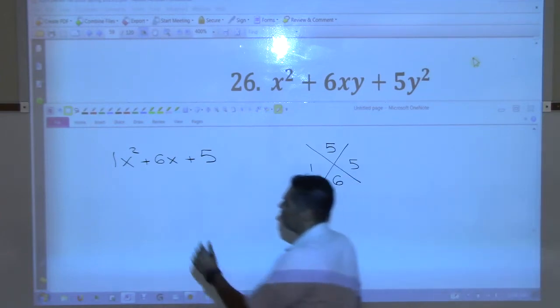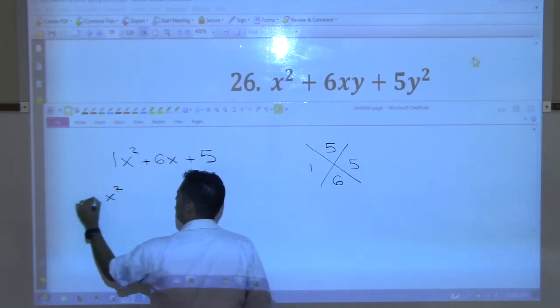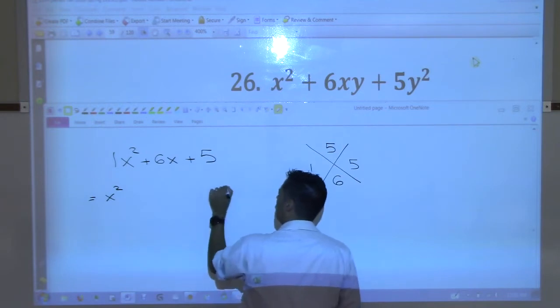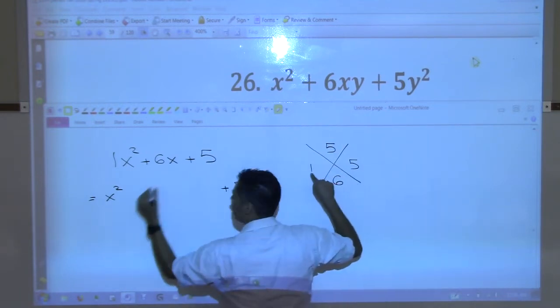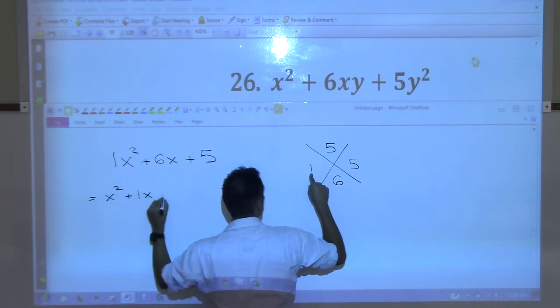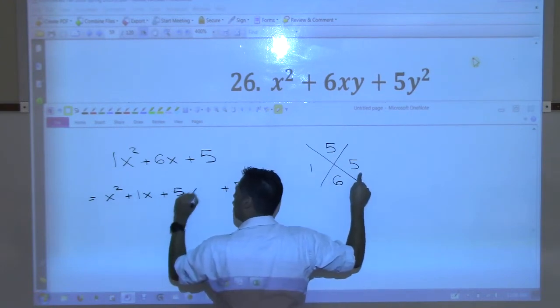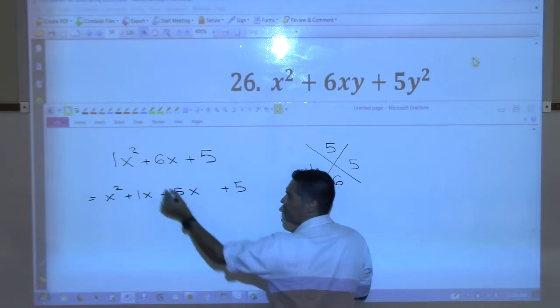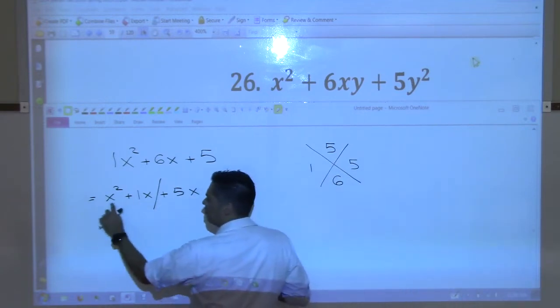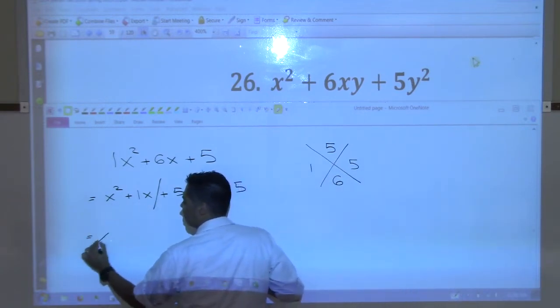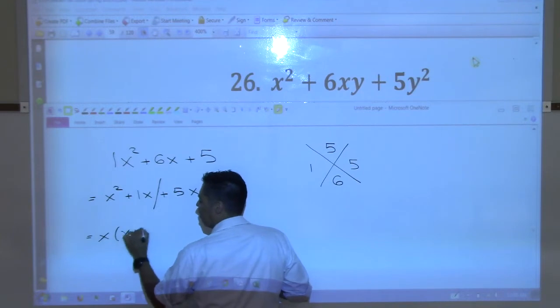All right, so now we rewrite this. We leave the ends alone, and then we use these 2 numbers to rewrite the middle term. So this will become plus 1x and then plus 5x. And now we have 4 terms, so we do grouping and we split it right there, right? Then out of the first 2 terms, what can we factor out? X, we'll be left with x plus 1.